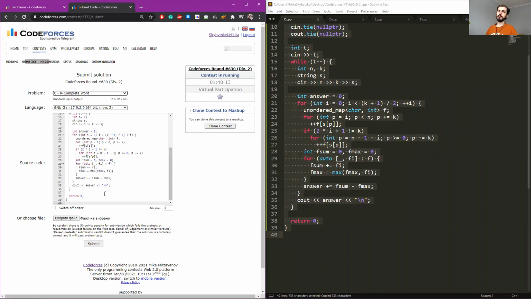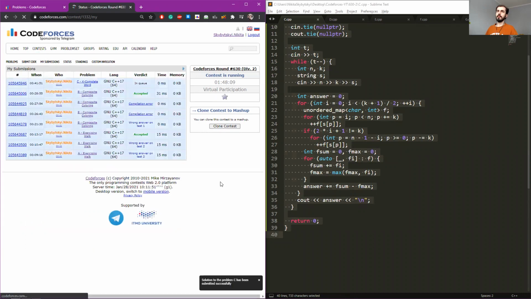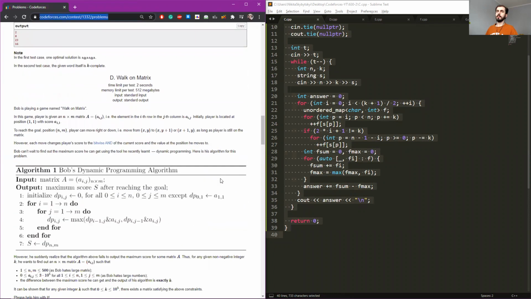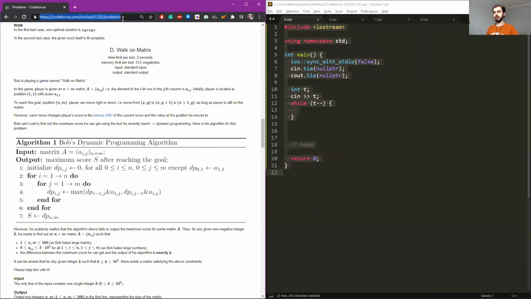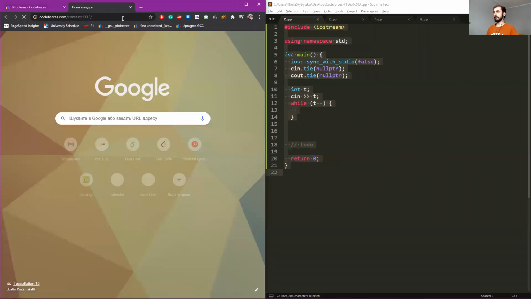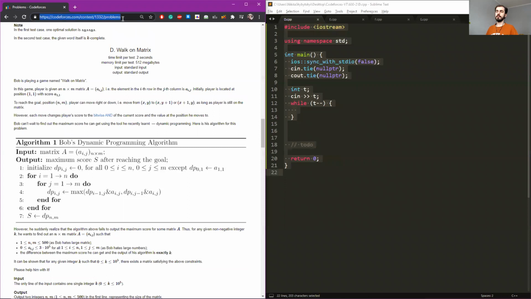Oh. Okay, at least one problem gets accepted from the first try. Actually, how much time do we have? Just for reference, okay, we used 42 minutes for 3 easy problems.